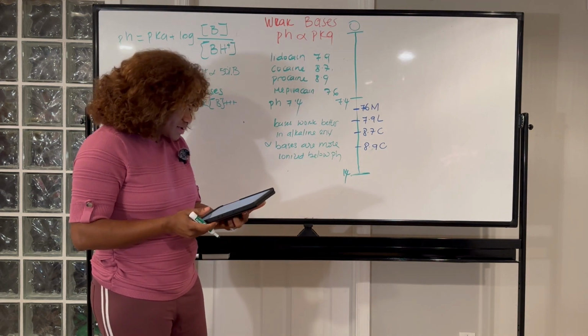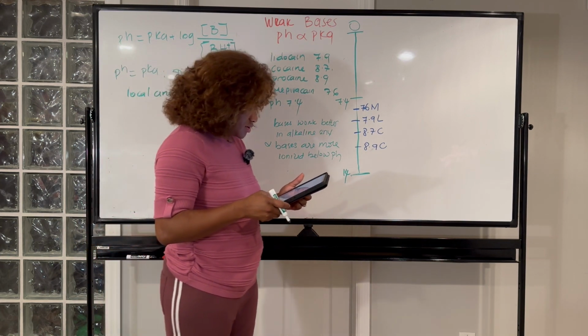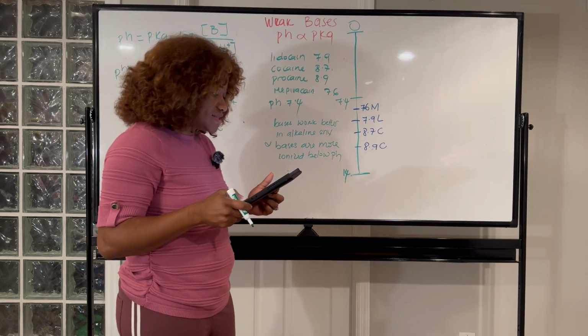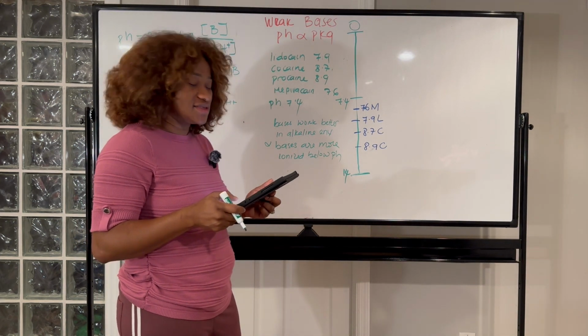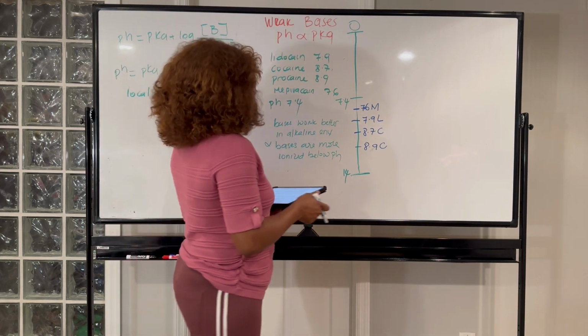Now let's go back to another question. We are given midazolam with a pKa of 6.2.